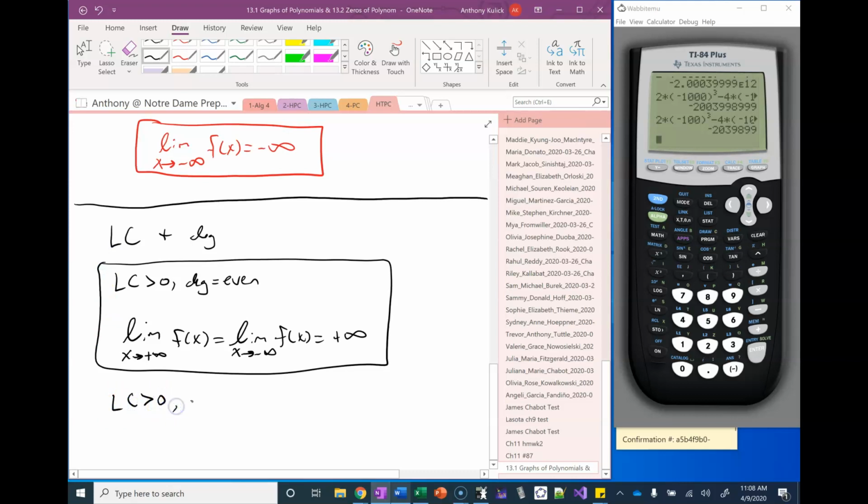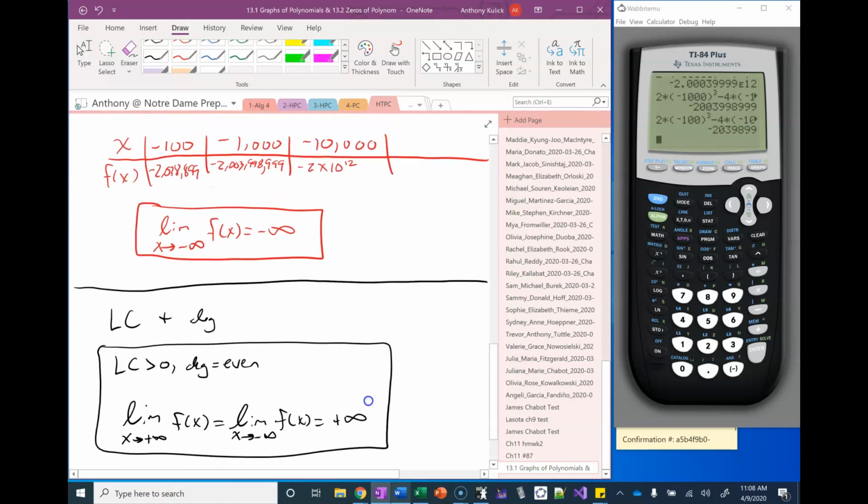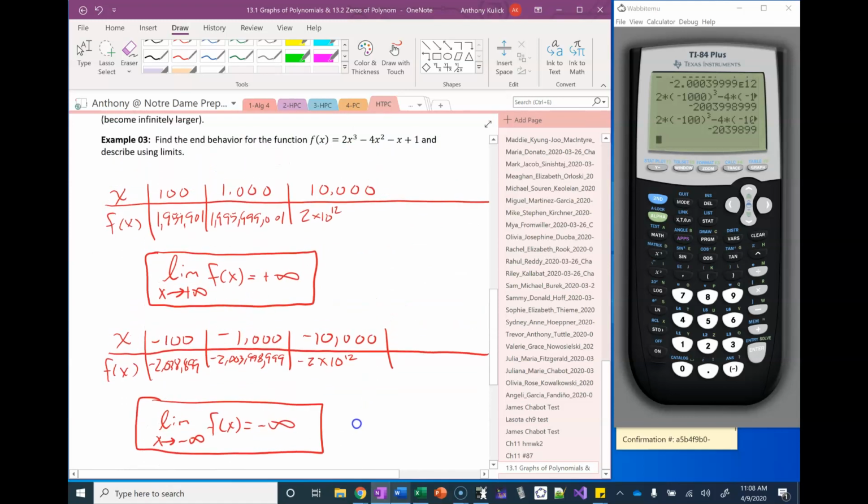So if the leading coefficient is positive, but the degree is odd, here the limits are going to be different. And this is exactly the case that we had up here, right?